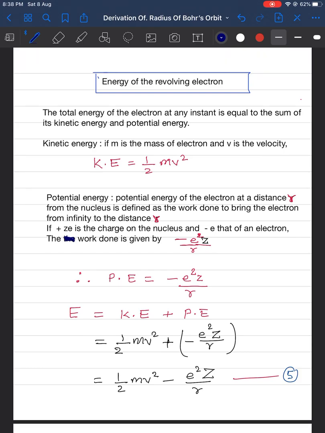If Ze is the charge on the nucleus and minus e that of the electron, the work done is given by minus Ze squared divided by r. Therefore, potential energy is equal to minus Ze squared by r.